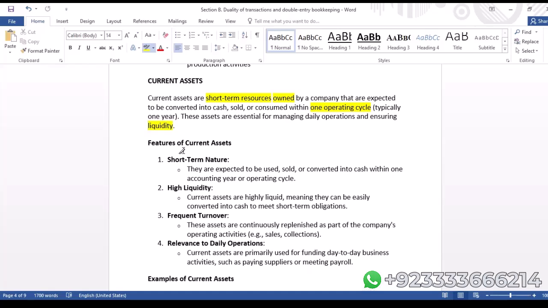Now, in a business, liquidity is typically referred to as how much money the business has, how easy it is for a business to raise money, to raise cash. The easier it is for a business to raise cash, the more liquid it is considered. The more difficult it is for a business to raise money, the more non-liquid the business is.